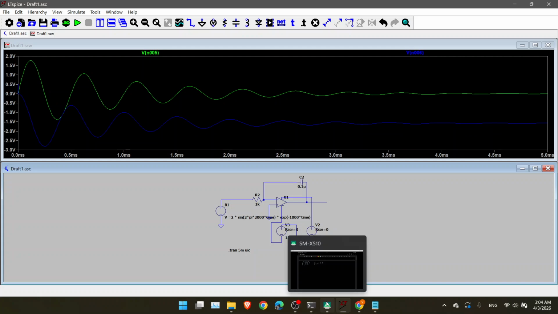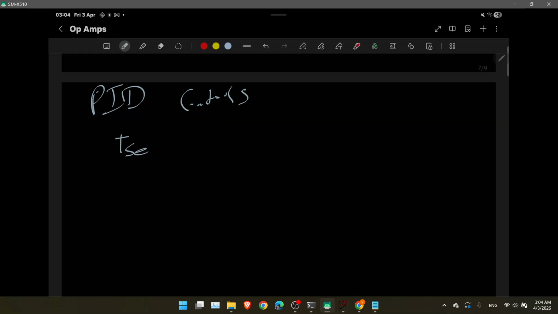Let's imagine that there is a standard temperature, so there is an error happening. In PID controls, the error is T set minus T at time t, meaning what the temperature is at time t. So this is the error.